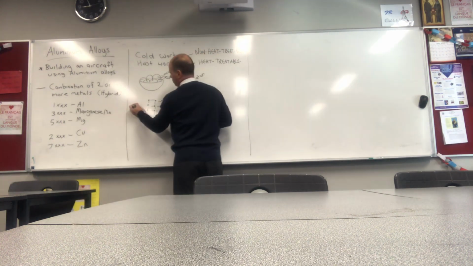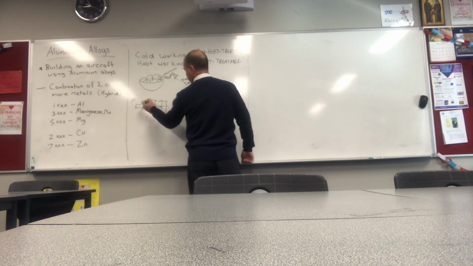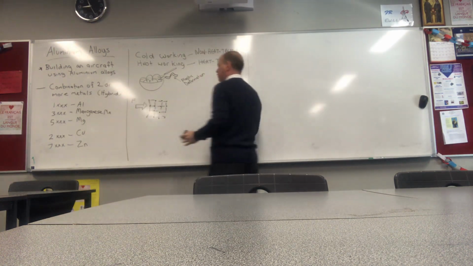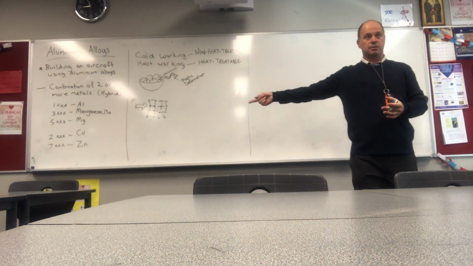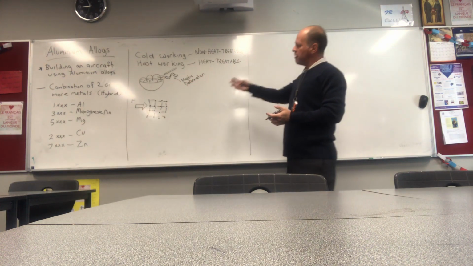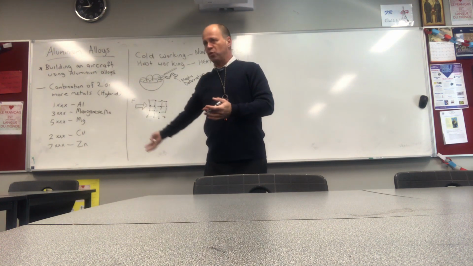And when you apply a force to the lattice, it will bend. Okay. Now, if you don't exceed the limits, the elastic limits, it'll spring back. But if you apply enough force to this substance, you'll eventually deform it.